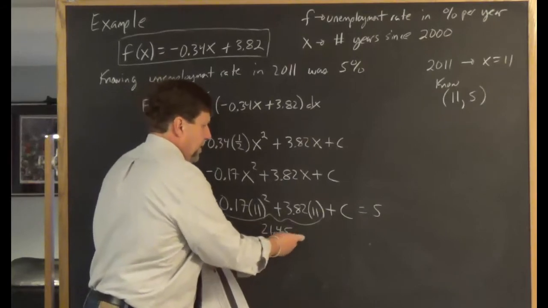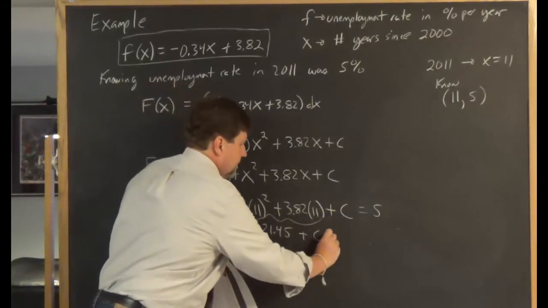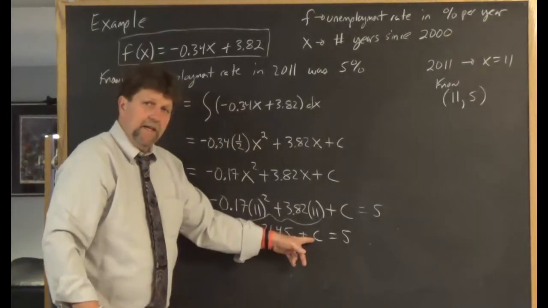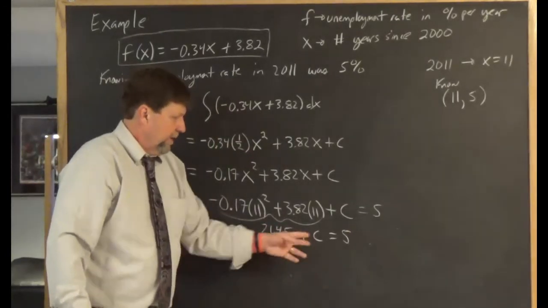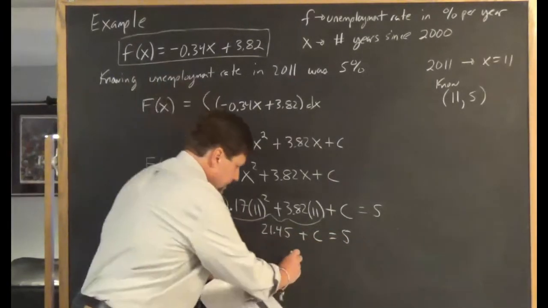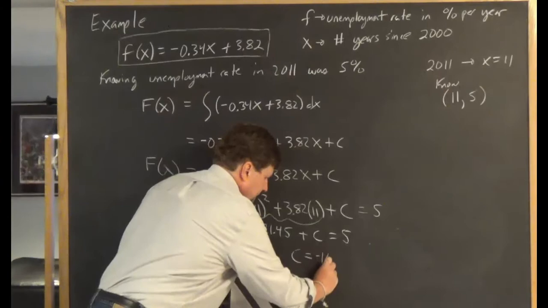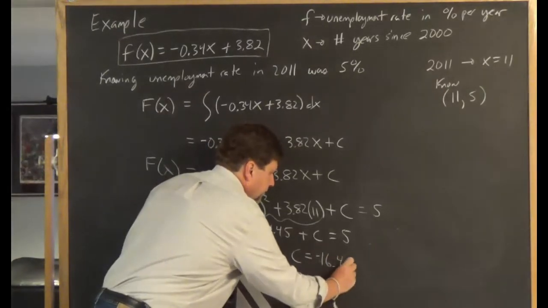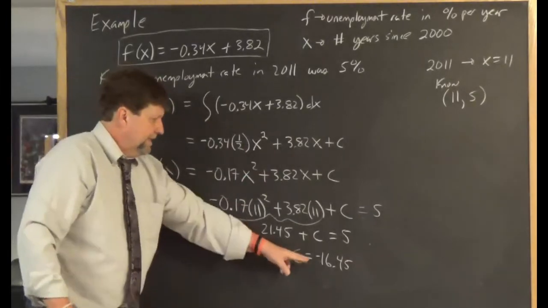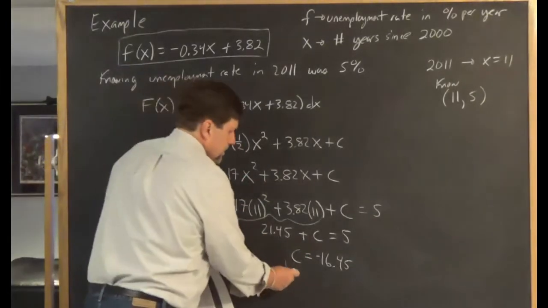So I have 21.45 plus c equals 5. Well, how do I determine c? Just subtract 21.45 from both sides, and we get c is negative 16.45.